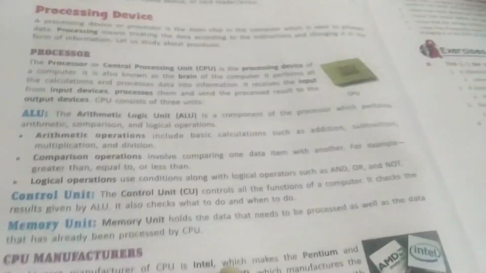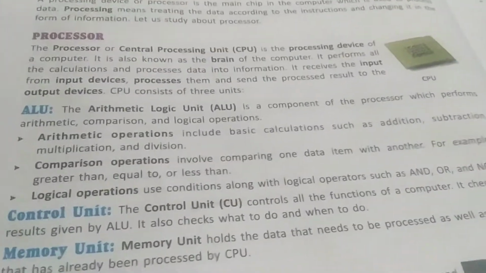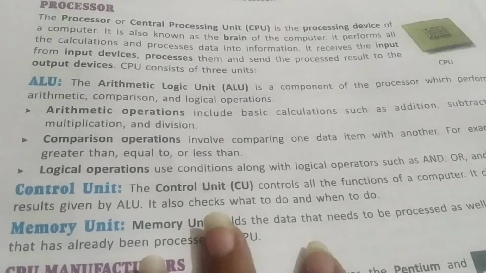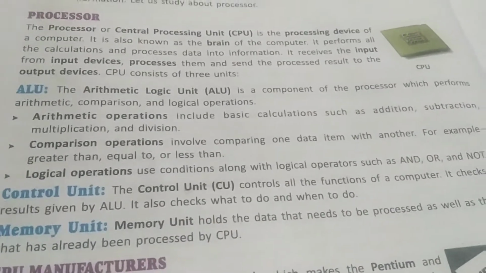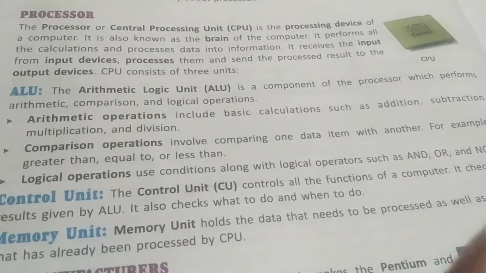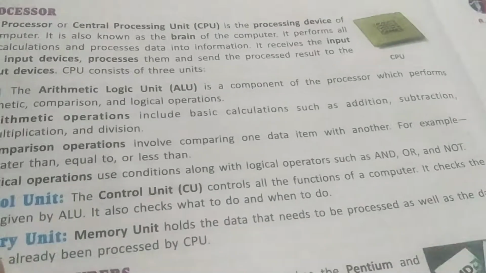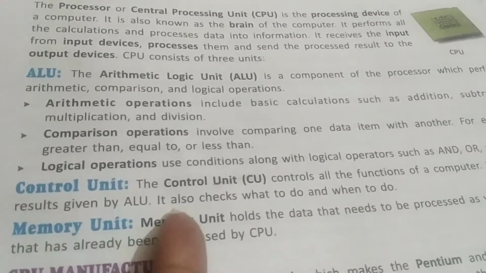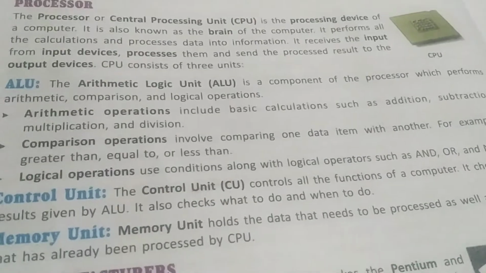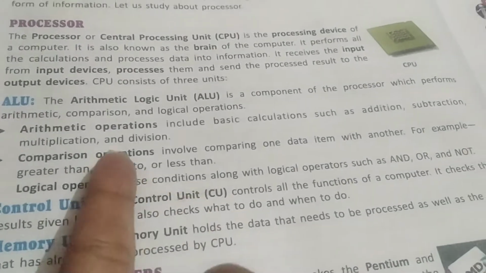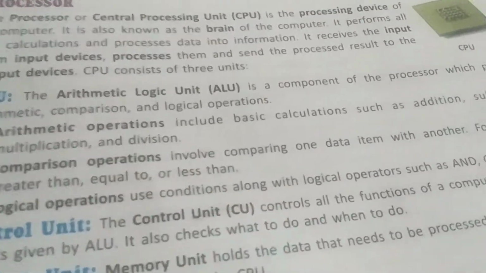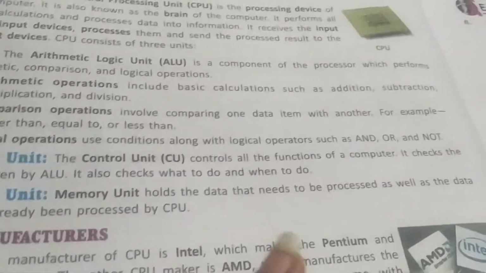Now next is control unit. So what is the work of control unit? As you know from the name control, it means the whole functions are controlled by this control unit. It checks the result given by ALU. It also checks what to do and when to do. What to do when, and how to do it. So all the work is done by CU. Like in our school, all the work is done by our coordinators.